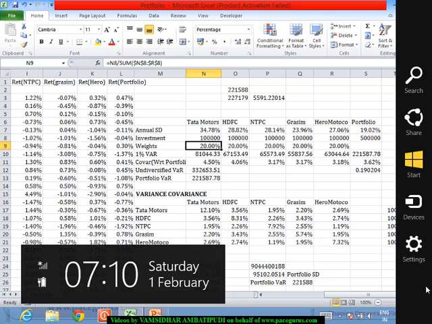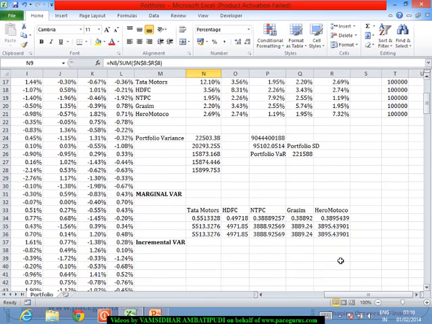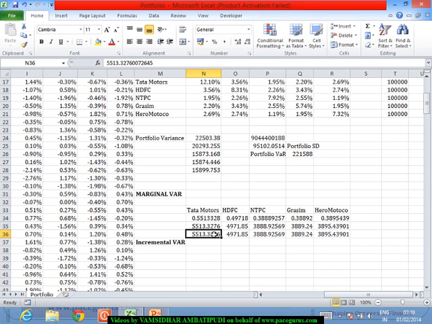So these are the original VARs. The marginal VARs are these numbers. All we are talking about is taking the marginal VAR multiplied by the amount invested in that position. So this is my marginal VAR, and the marginal VAR multiplied by the amount invested in that position is called the component VAR.